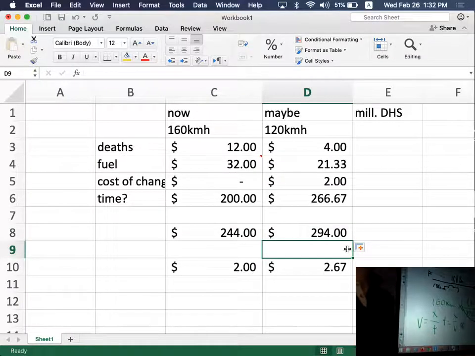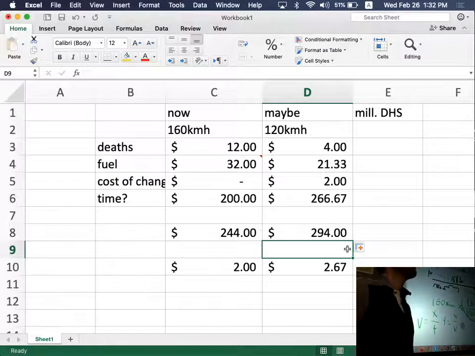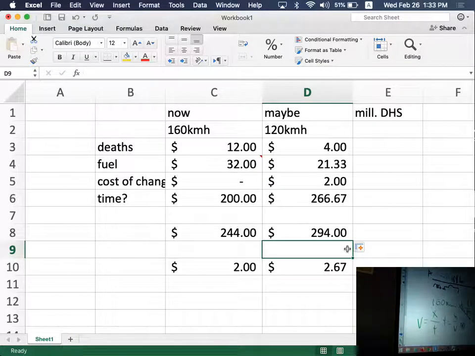Okay, who still thinks that we should lower the speed limit? You still think that? No need to calculate the time and the money. Oh yes, there is need. Oh my God, yes, there is need. This is the reason why your speed limit on the highway is not 60 or 90.